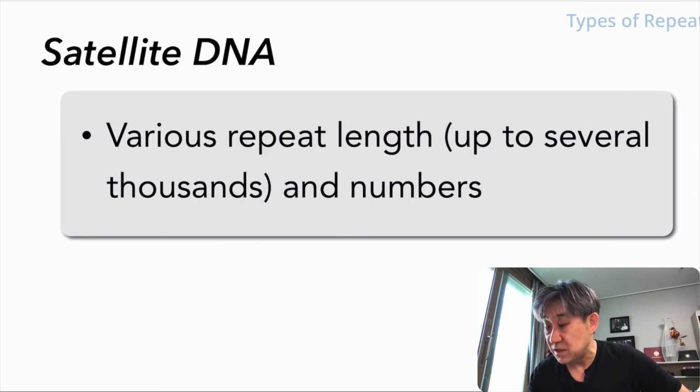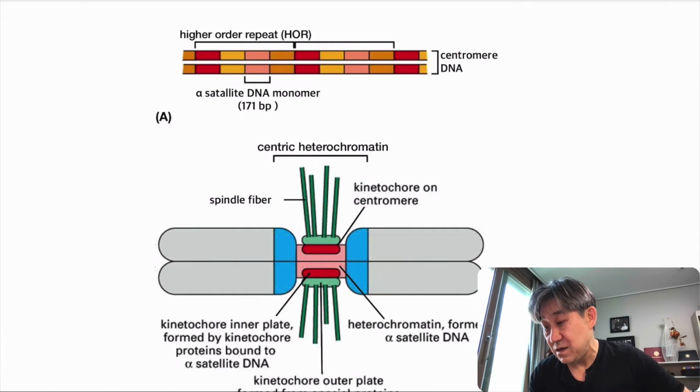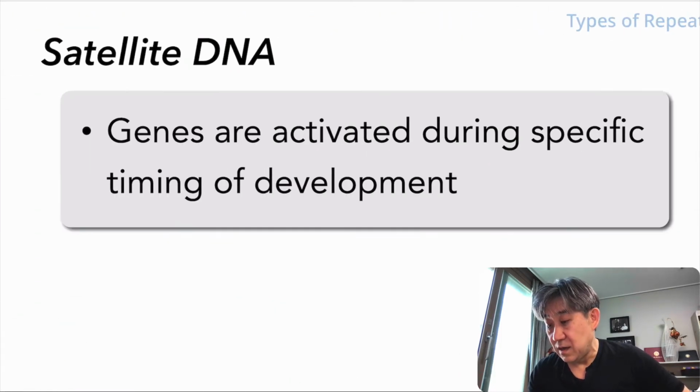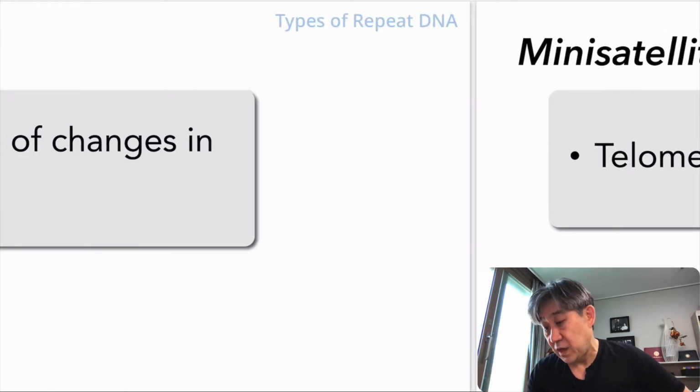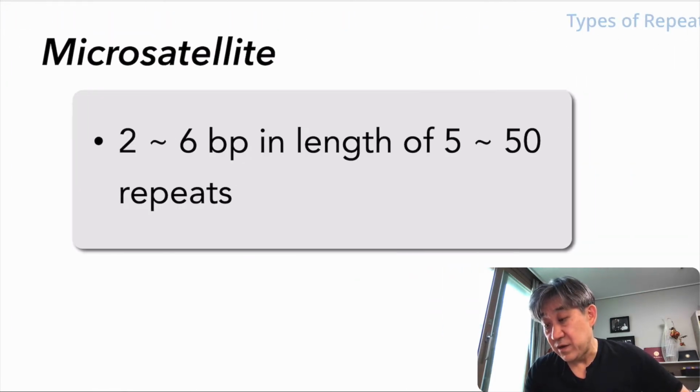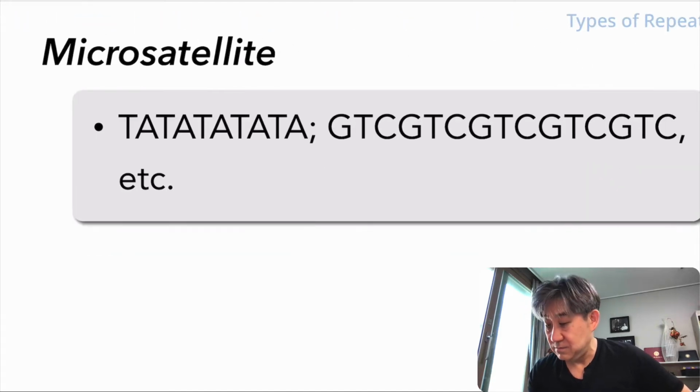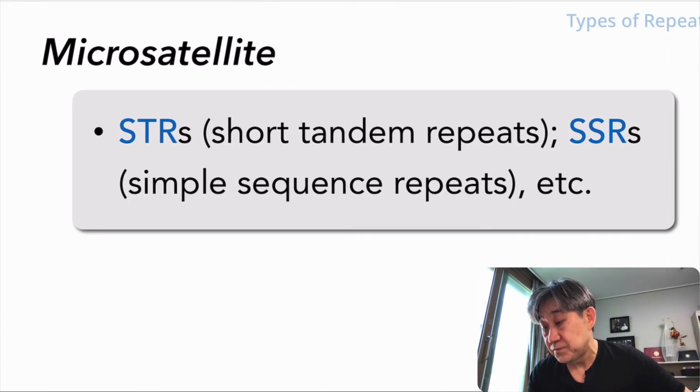So I will just simply zip through so many different types of DNA repeats, including something called the satellite DNA and what's what, and mini satellite, and also microsatellite and whatever.